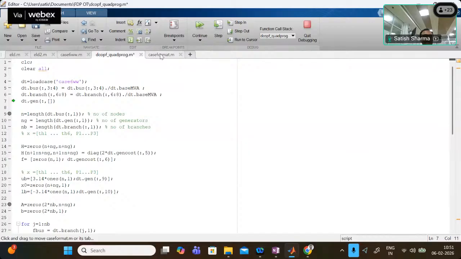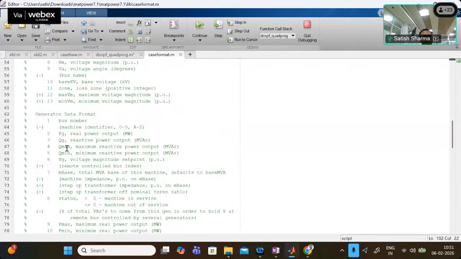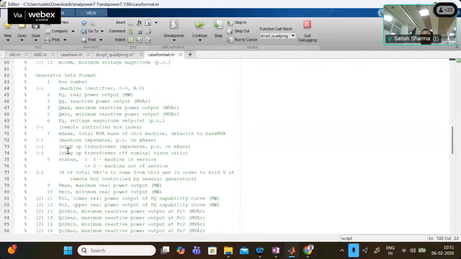So let's look back at the generation data. Columns 4 and 5 are Qmax and Qmin. I'm doing it because when we go on to solve ACOPF as well, we have to convert Q into per unit. So columns 4, 5, 9 and 10.